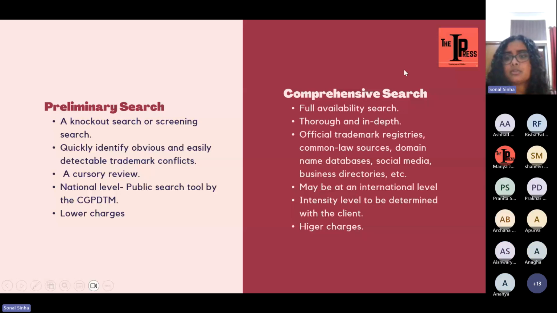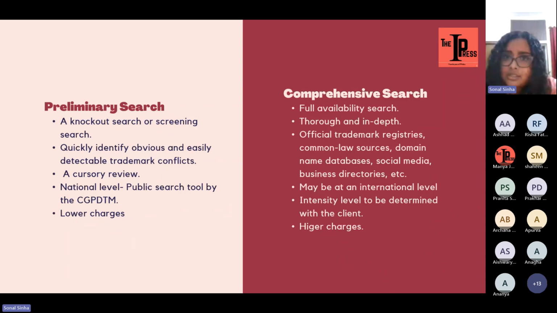And then, as I said, a comprehensive search can actually vary in intensity. So you have to sit with your client and understand the extent of their business, the extent of their launch, where they are going to launch, and then decide to what level you want to go. The basic thing that you would search is the public search.